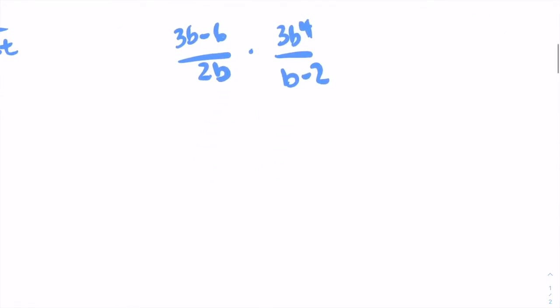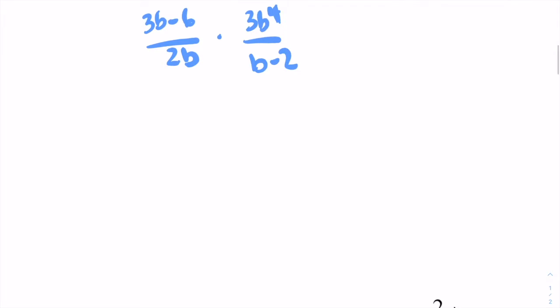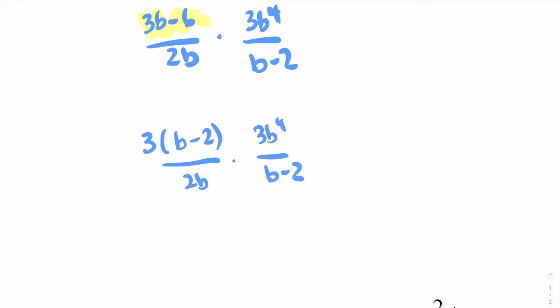So if you factor out a 3 just from this, you get 3 times b minus 2 over 2b times 3b to the 4th over b minus 2. That way, your b minus 2 can simplify. This becomes a 3, this just goes away. So you get 9b to the 3rd over 2.